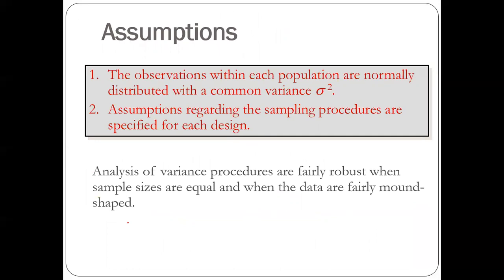The assumption that we can make for ANOVA is that the observations within each population are normally distributed with a common variance, and the assumptions regarding the sampling procedure are specific for each design. Analysis of variance procedures are fairly robust when sample sizes are equal and when the data are fairly mound-shaped.